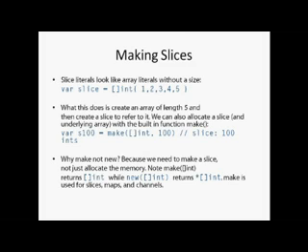We can also allocate a slice with the built-in function make. Why make, not new? Because we need to make a slice, not just allocate the memory.